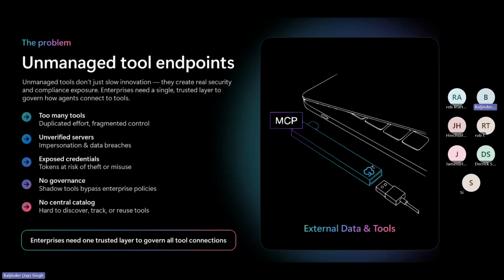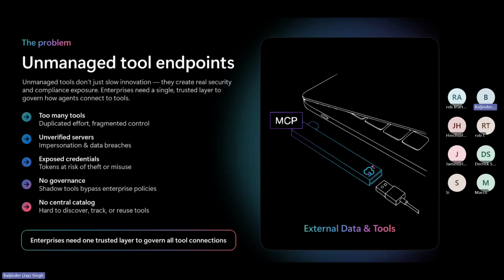So this is a big challenge when you're using multiple tools in a big organization. Another one is where without a standard trust model, agents can be pointed to spoofed services, compromised endpoints, or unvetted tools, which create serious impersonation and data exposure risk.